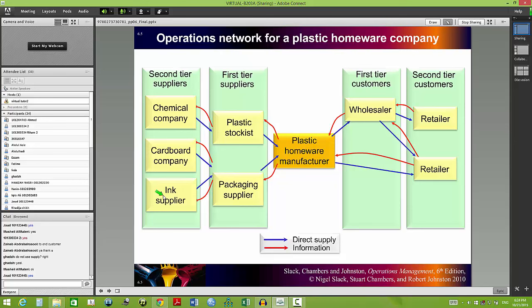So these are the second level suppliers, or second tier suppliers. They give those raw materials to the first tier suppliers, and the first tier suppliers give the plastic and packaging to the company, which is the plastic homeware company. This place we call the supply side in the supply network. This is the supply side.